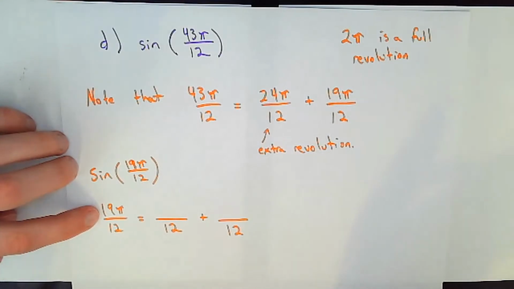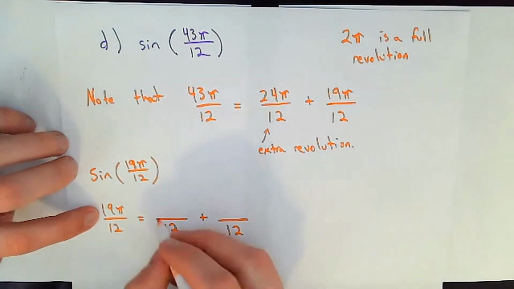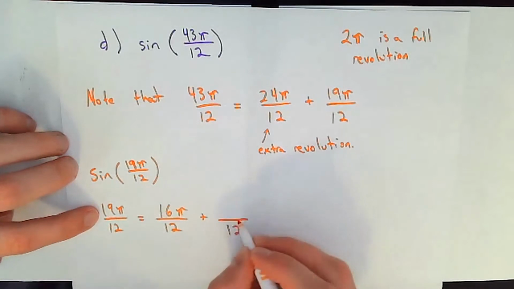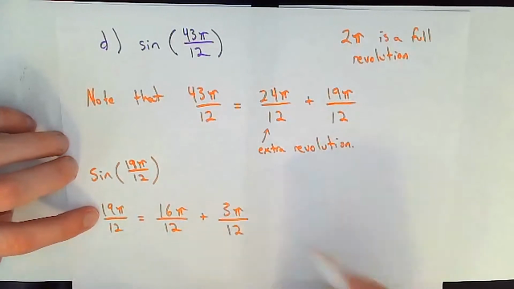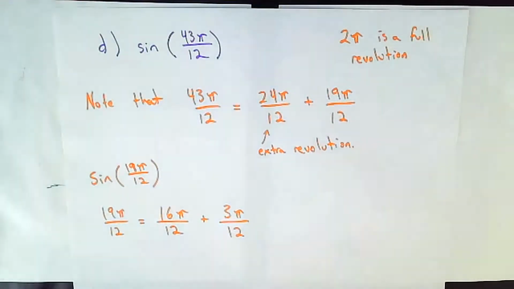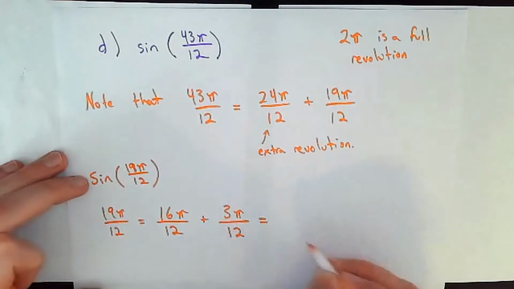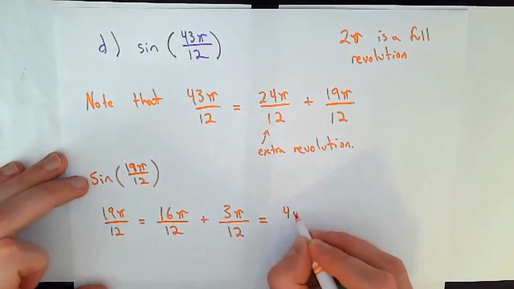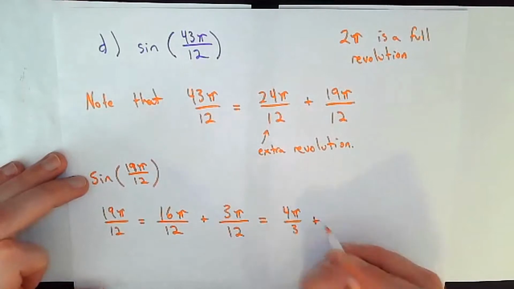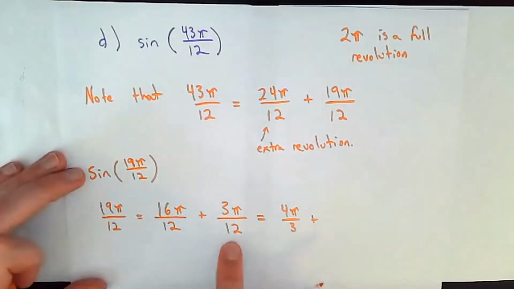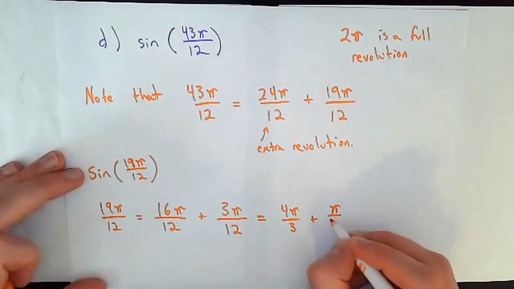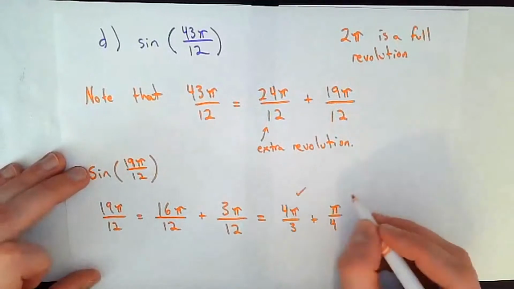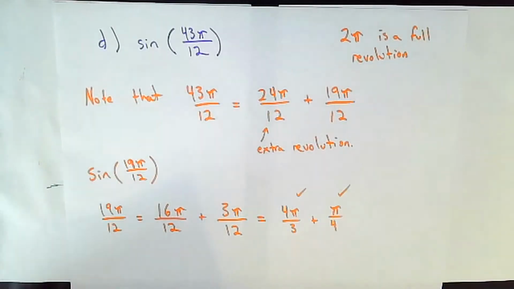And there's going to be more than one answer, by the way. How about I try 16 and 3? Well, 16 over 12 is the same as 4 pi over 3. That's good. That's one of my special angles. And 3 pi over 12 is the same as pi over 4. Good. This is going to do it. This is going to be just fine for me. Give me one moment.